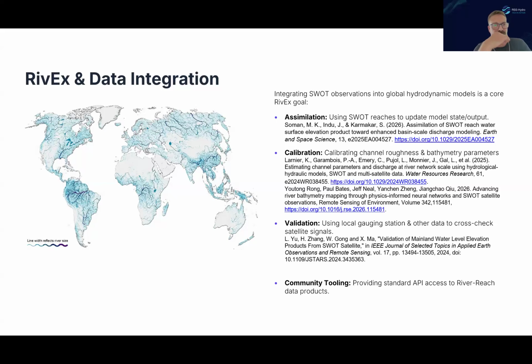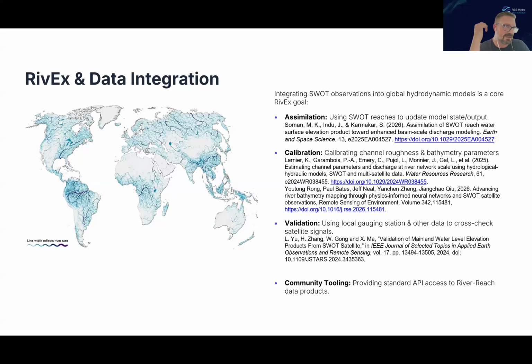And then I have a few slides later on where I think SWOT has mostly advanced the community, which is these open tools and systems that exist now to serve you. I mean, not near real time, because SWOT has this latency.